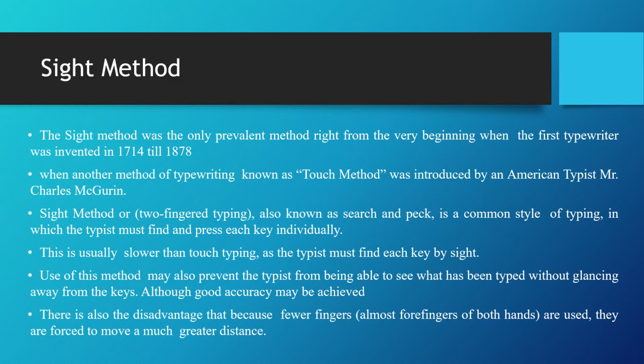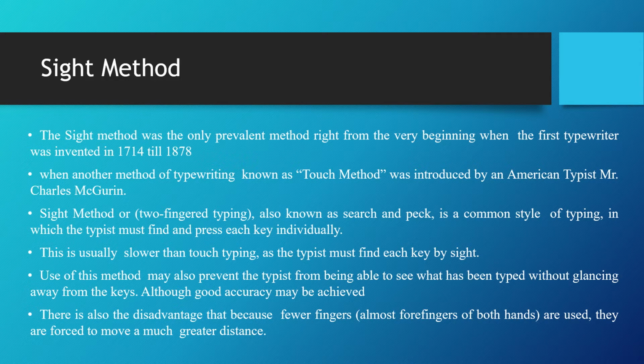When another method of typewriting came into the market, that was the touch method, it was introduced by Mr. Charles McGurrin. The sight method, also known as the search and peck method, is a common style of typing in which the typist must find and press each key individually.